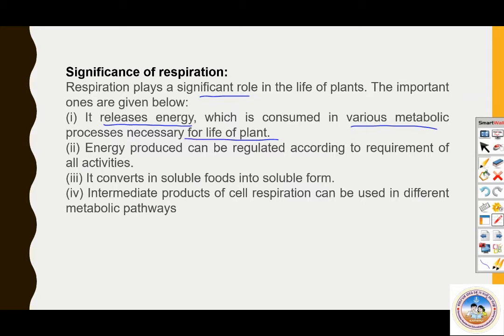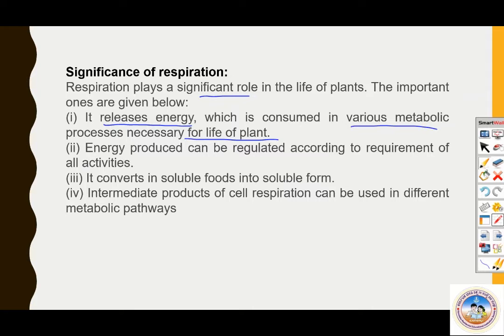So respiration releases energy. Whenever there is oxidation, there is energy release. Am I clear to you? That is a very important point.